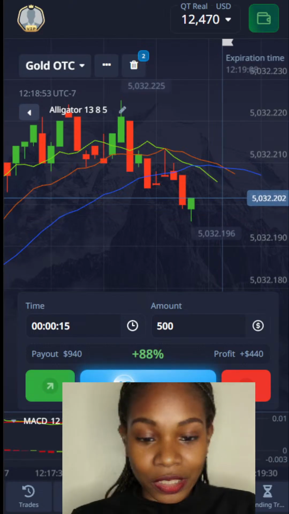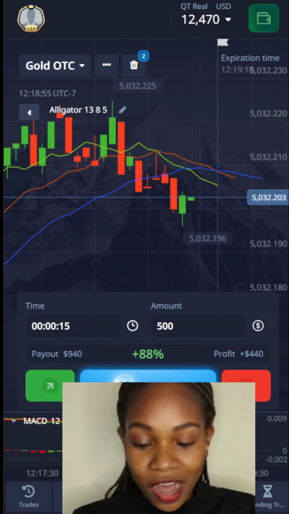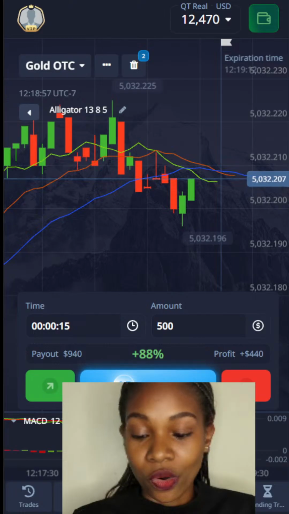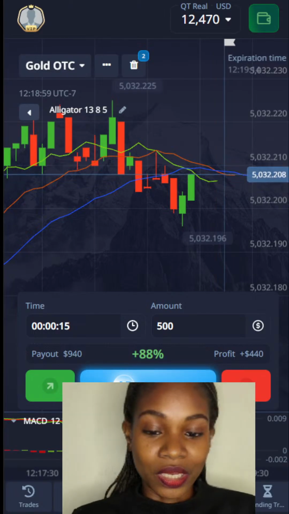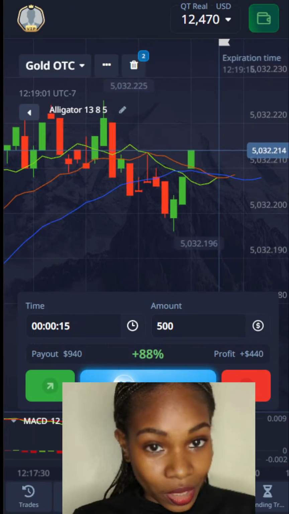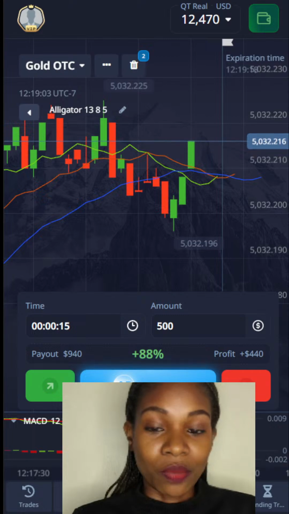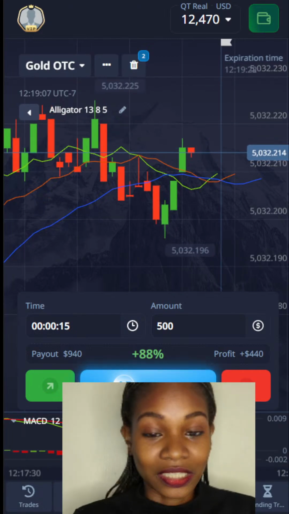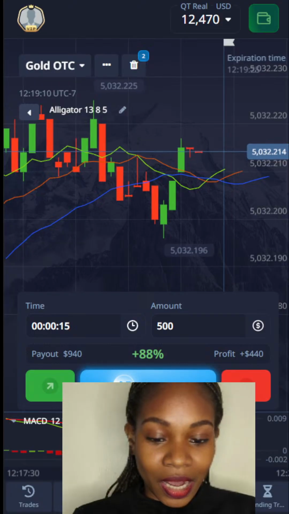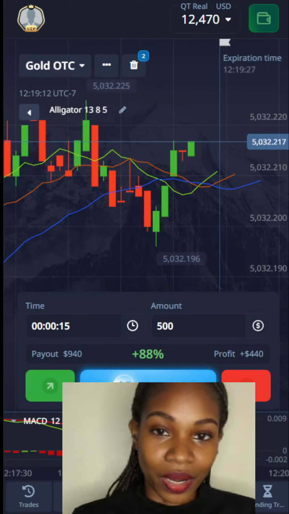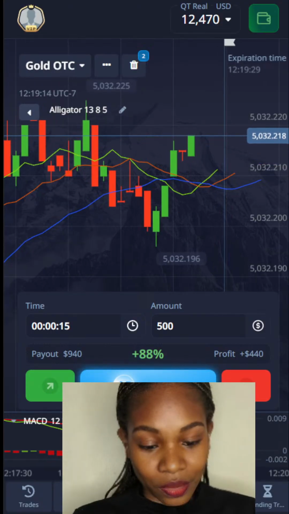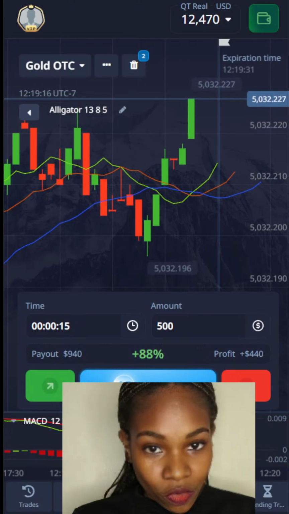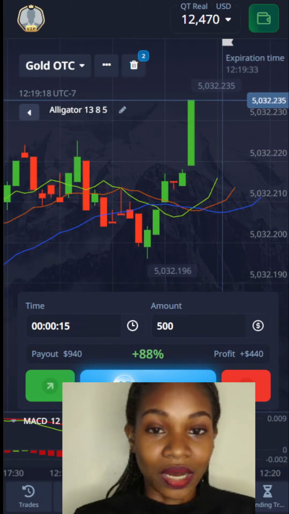So that is where we have a strong trend confirmed. That is where we are very, very sure that right now, if we are moving in an uptrend and the lines are separated like that, definitely we can place a buy trade. Okay, so there we have clear confirmation, no doubts about that.